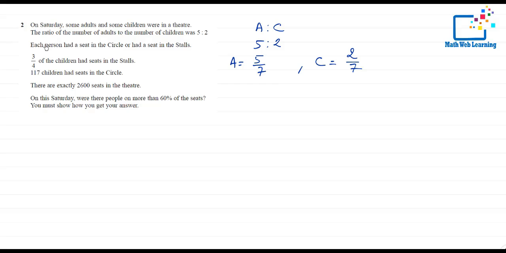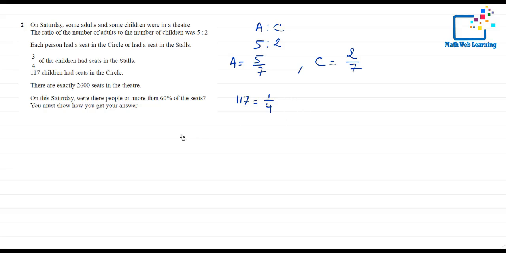Okay, now it says here 3/4 of the children had seats in the stools, and the rest, 117 children, had seats in the circle. So those 117 represent 1 out of 4, right? So that is 1 out of 4.